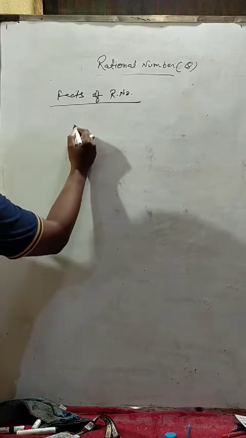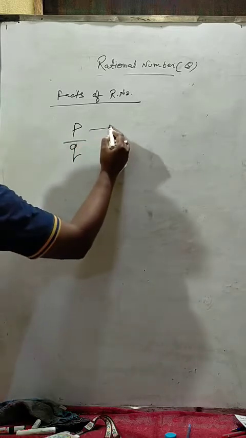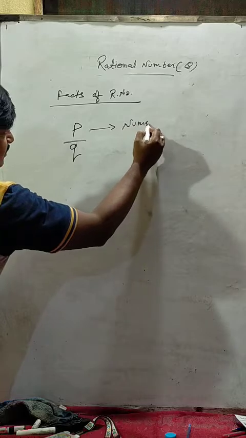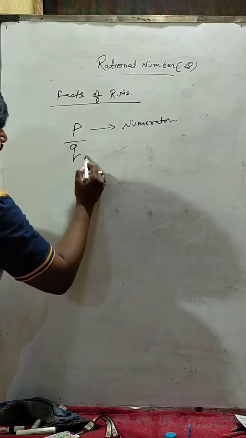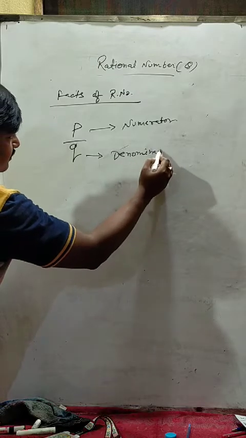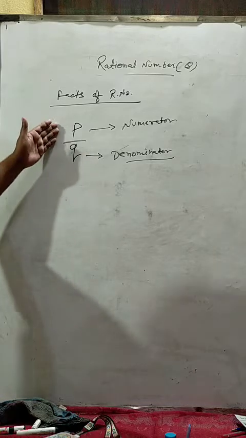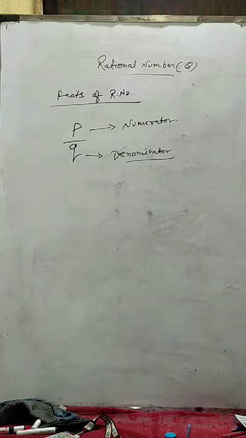In a rational number which is in the form of p by q, the p is called the numerator and the q is called the denominator. So every fraction is a rational number, but the converse is not true.